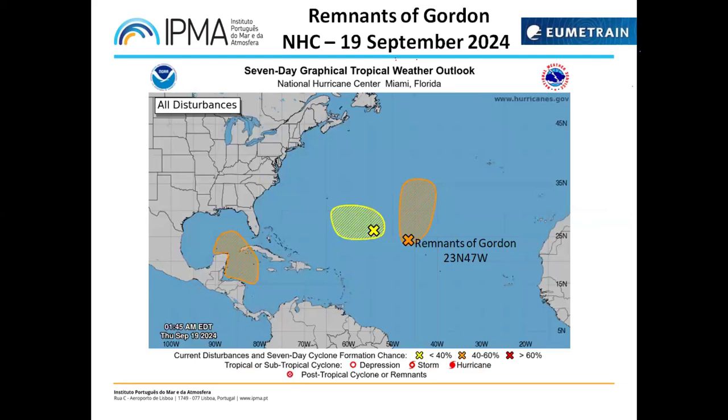Another disturbance we should monitor in the next few days. Although the recent forecasts have reduced the possibility of the storm heading for the Azores, still the remnants of Tropical Storm Gordon are in the central subtropical Atlantic, and in the next 48 hours, the chance of formation of a tropical depression or tropical storm is about 20%, not very high, but is higher in the next 7 days, like 40%.